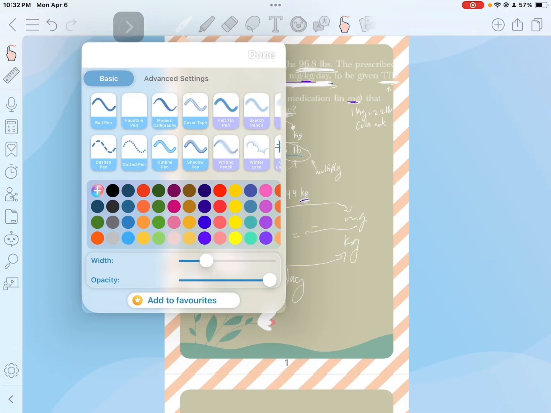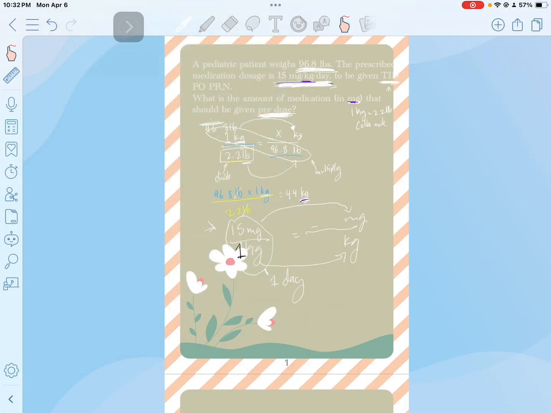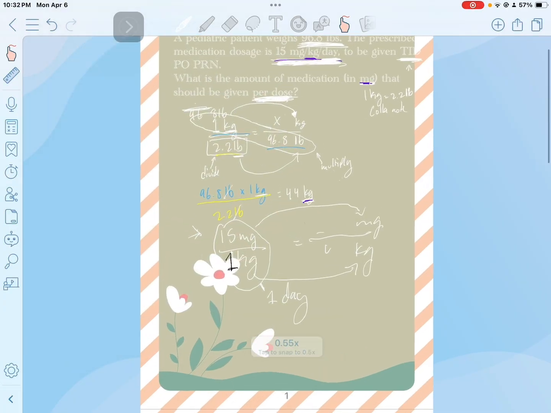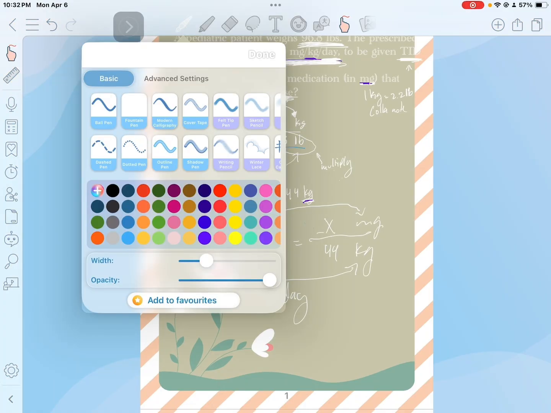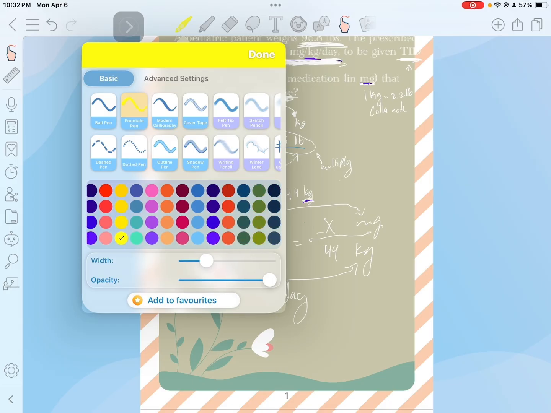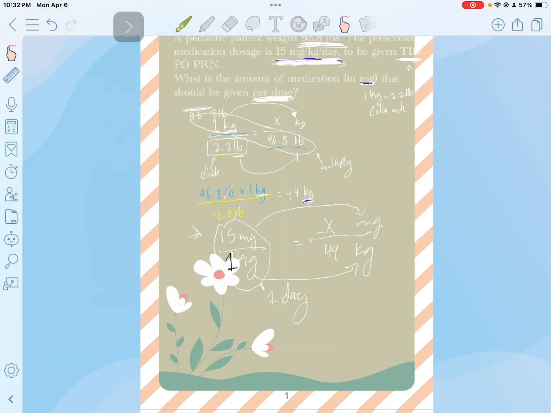So we have kilograms, which is 44 kilograms. And we don't know how much milligrams it is yet. So that's X. So we're going to do the same thing that we did last time. We're going to go across this square.